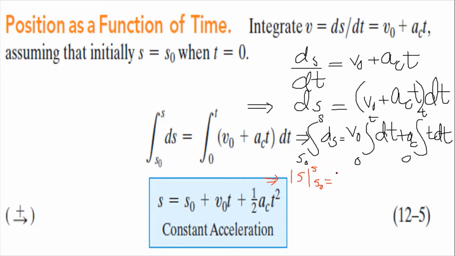Here v naught will become t after integrating 0 to t, and here it is t, so it will become 1 upon 2 t square, from 0 to t. When you apply the limit, it will become s minus s naught.